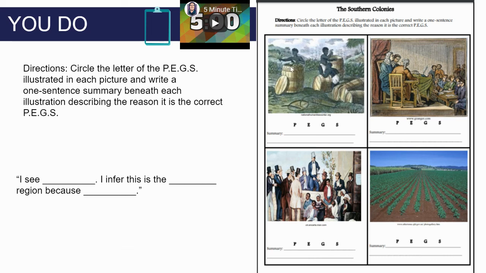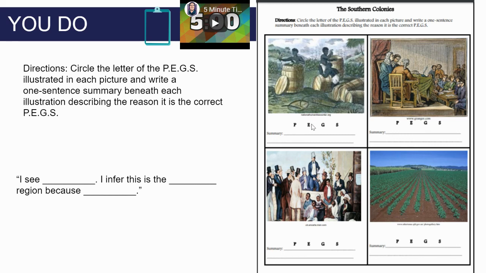I see slaves picking crops. Looks like it could be tobacco. Picking crops in a field. I infer that this is the southern region because of the vast amount of crops that I see, and the African slaves being used to harvest the crops.